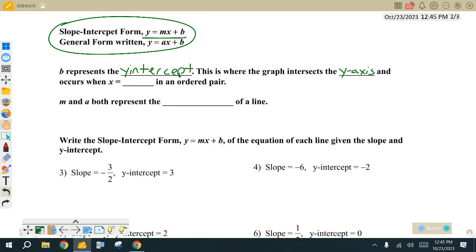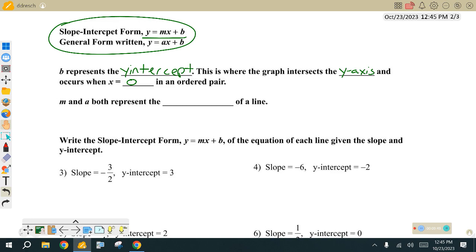The y-intercept occurs when x is 0. So if we go up to our warm-up, I said the y-intercept occurs at 0, something. When it crosses the y-axis, we said it was at 0, -4.